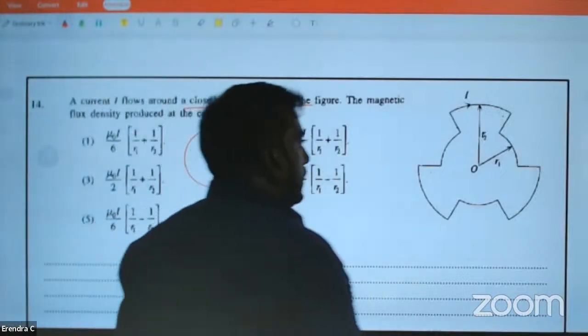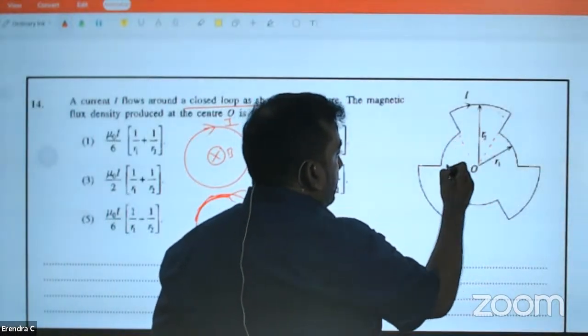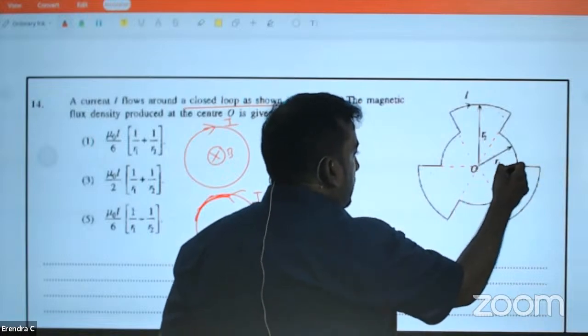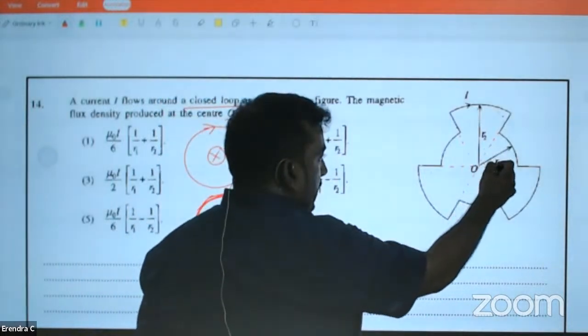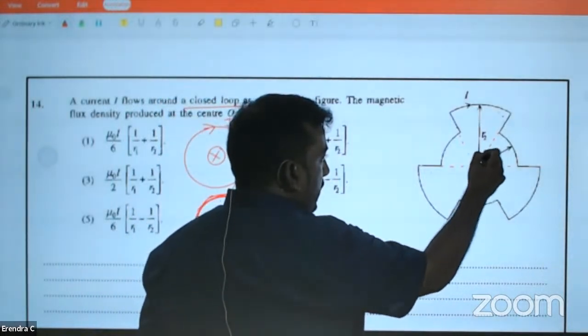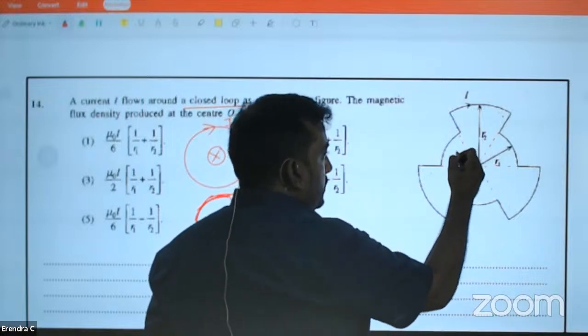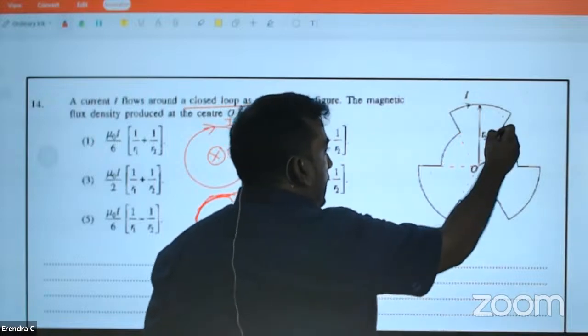Now, if you take these slicers, you can symmetrically see 1, 2, 3, 4, 5, 6. Here, one angle.